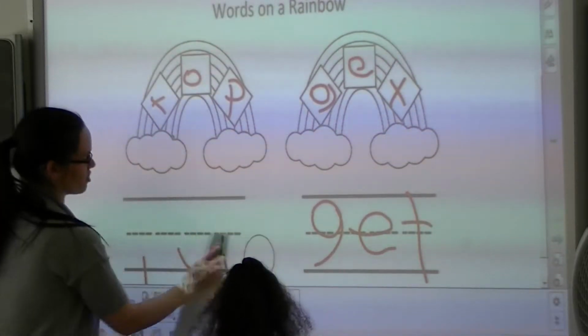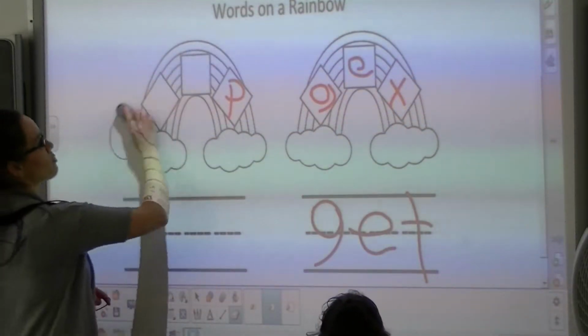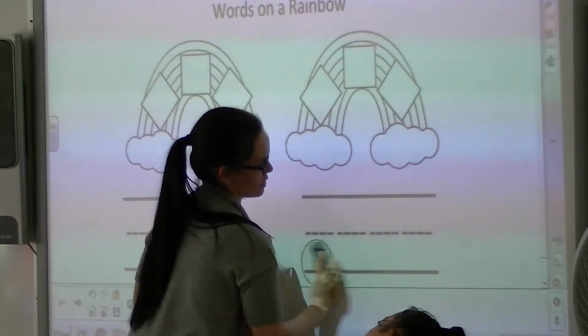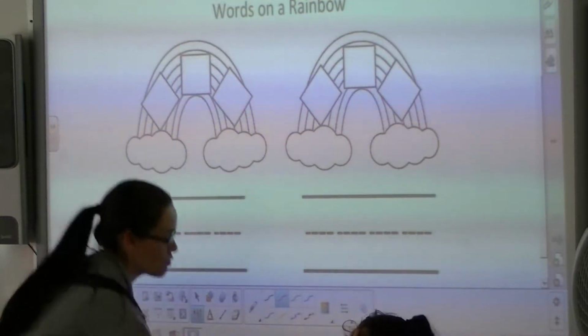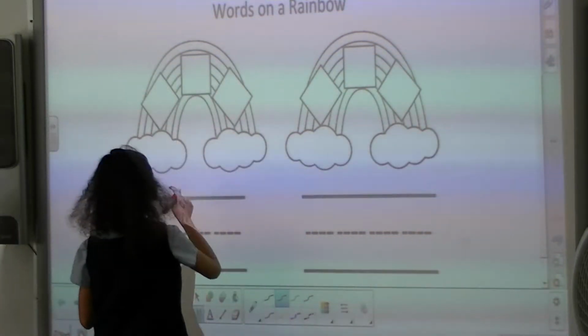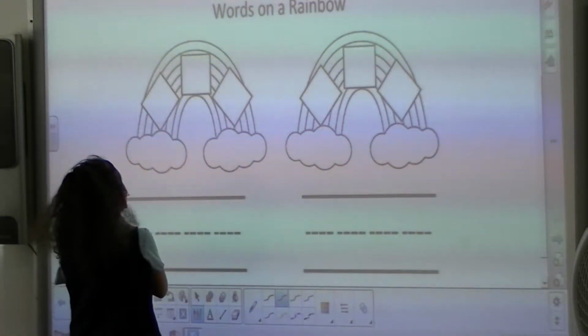Okay, you tell Miss Dario the word that you're going to spell in each rainbow, stretching those sounds out. You do two on your own, and I'll help you if you need help. So which word are you going to spell?